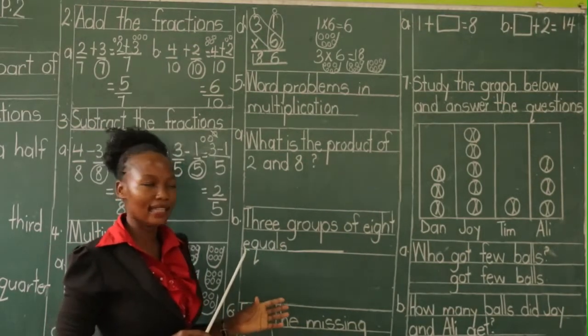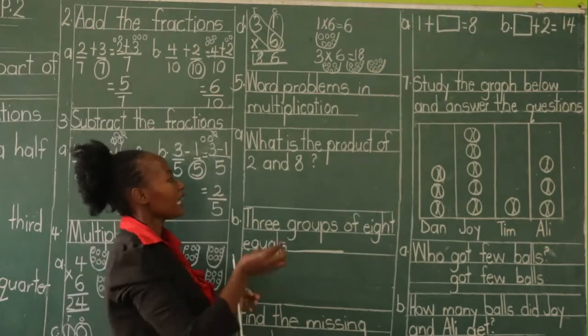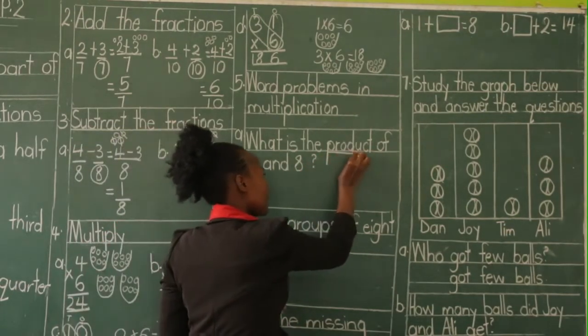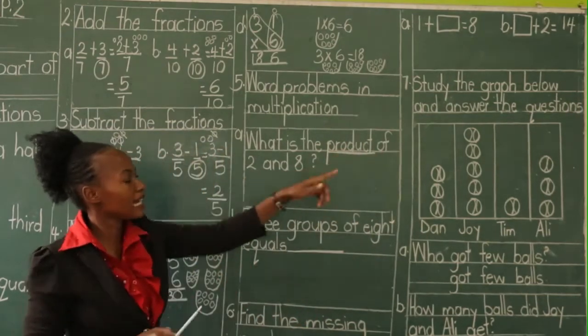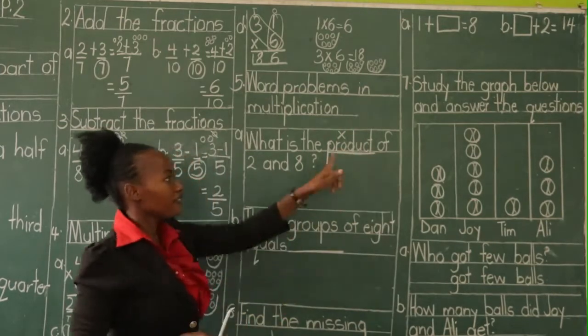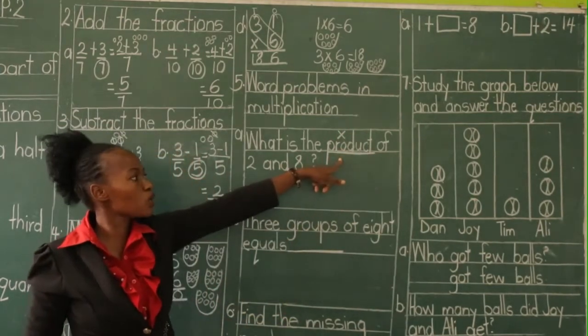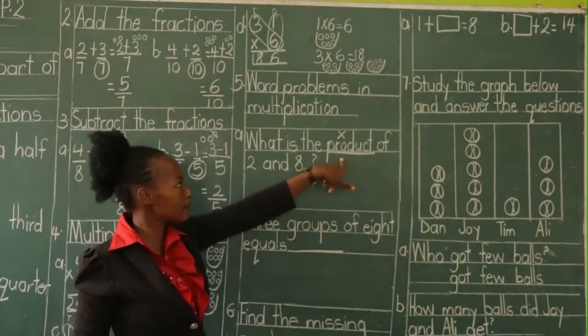Now, which is our keyword there? It is the word product. Whenever I find the word product, it takes this symbol here. You are supposed to multiply.